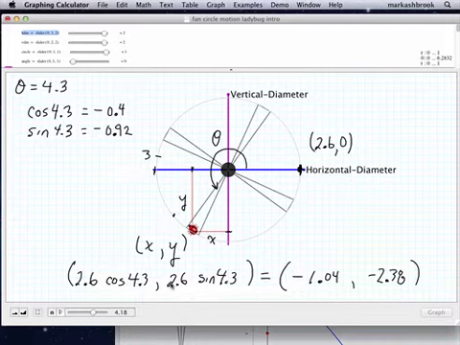Exactly. So how do we define cosine? It was the distance to the right. So by defining it as distance to the right, automatically when you're left, it comes out negative. And automatically with sine, we defined it as distance above. So whenever you're below, automatically the sign comes out negative. So it's built in. Okay?